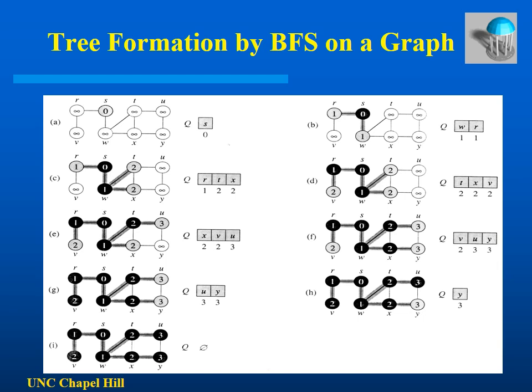Moreover, the arcs from W to T and from W to X are made tree nodes, part of the paths. What that means is that if you want to go from S to X, for example, you would follow the path to W and then from W to X, namely those marked paths that are shown here.